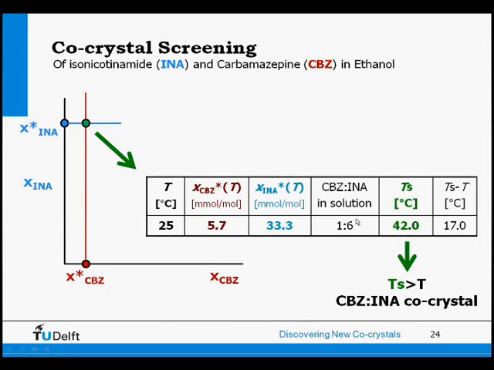And then we measured the saturation temperature. The saturation temperature of this composition is 42 degrees. So that is 17 degrees more than our reference temperature. The saturation temperature is higher than our reference temperature, 25 degrees. So we have made a carbamazepine isonicotinamide co-crystal.